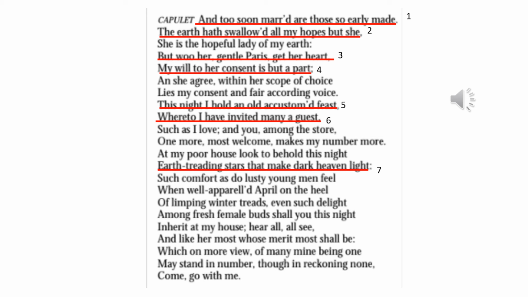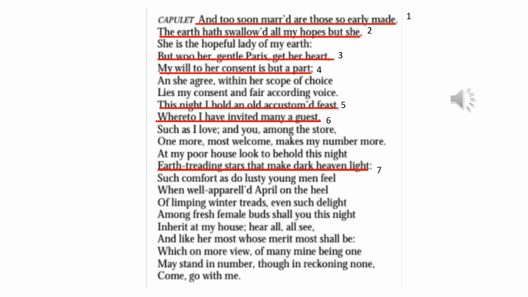He has invited many a guest, and he's inviting Paris to it. And at the party, Paris will be able to meet Juliet, and he will be able to start his wooing. It's a bit ironic because it's actually at the party that Juliet meets Romeo, and poor old Paris, he doesn't get a look in. But anyway, we'll deal with that when we get to it. So there's a party tonight and loads of people are invited.